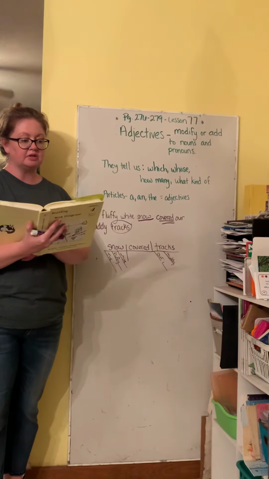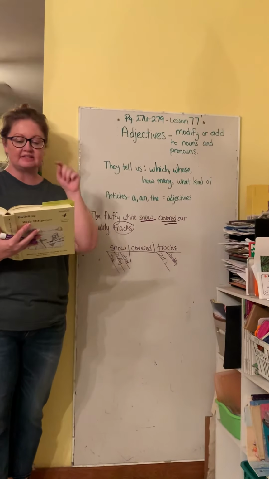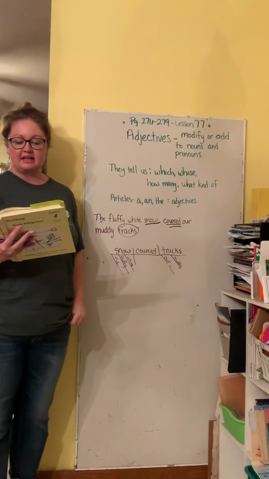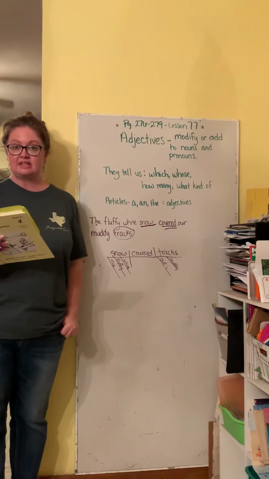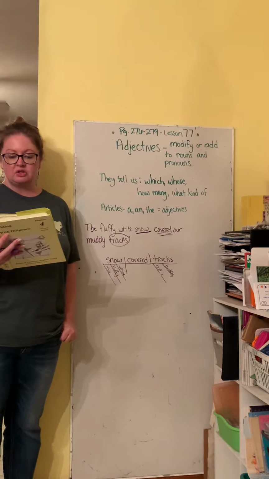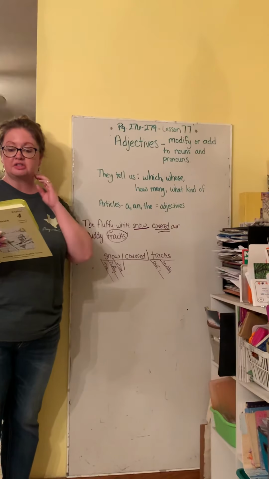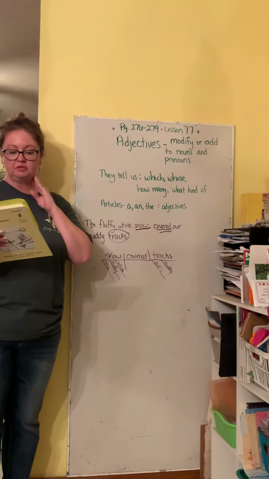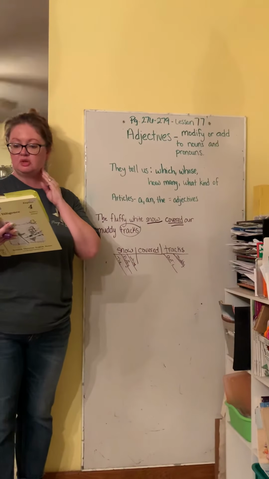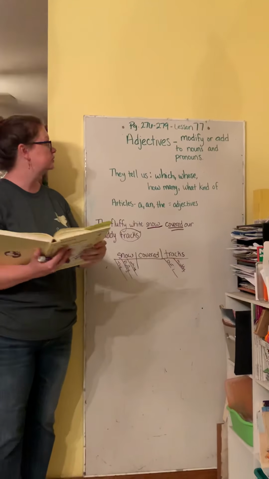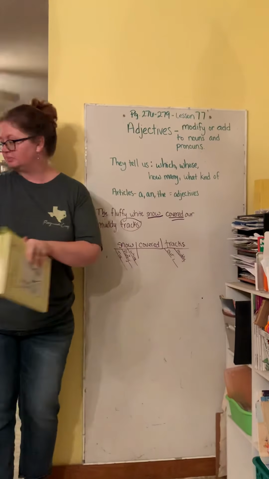So what I want you to do right now is go to page 278. And on page 278, you are going to diagram part B. Okay, so part B, you have numbers 1 through 7. Let me write this down.